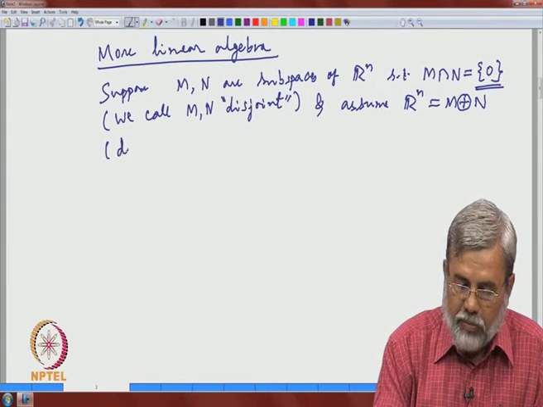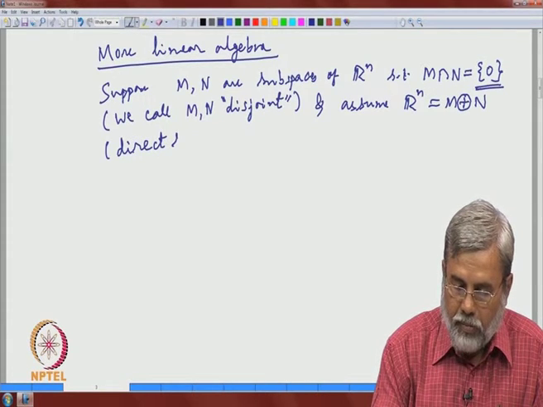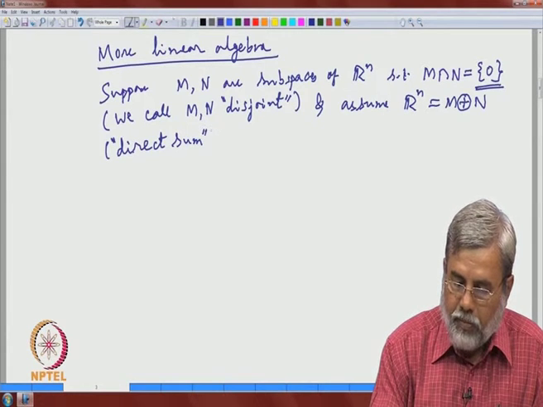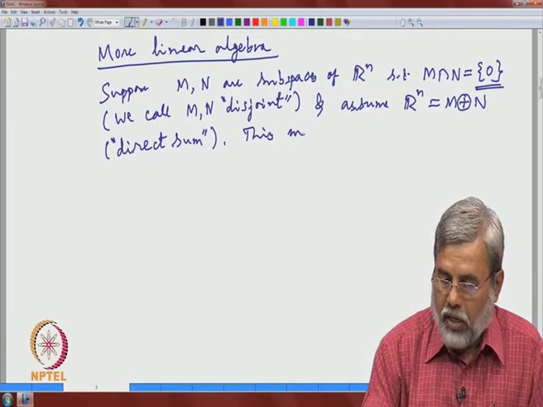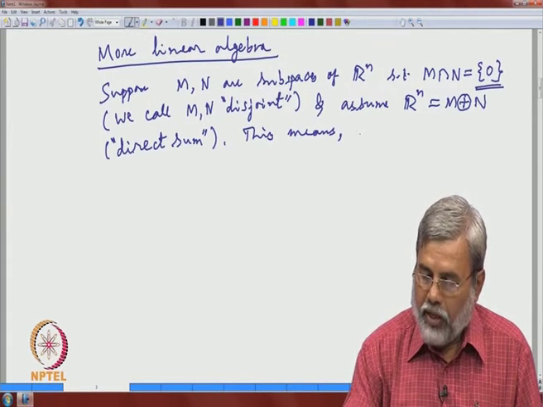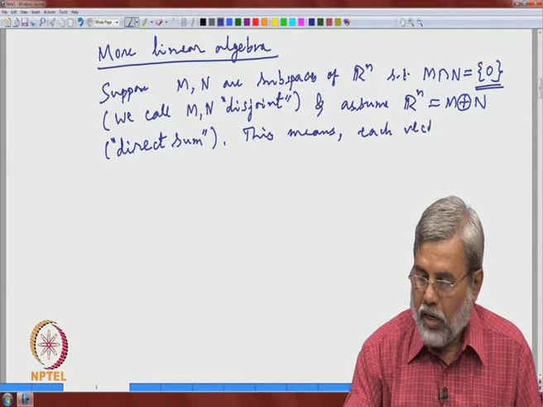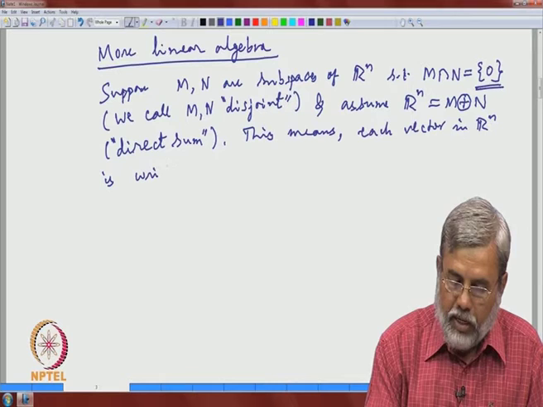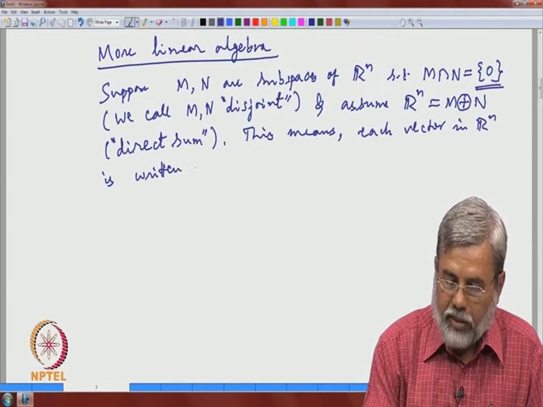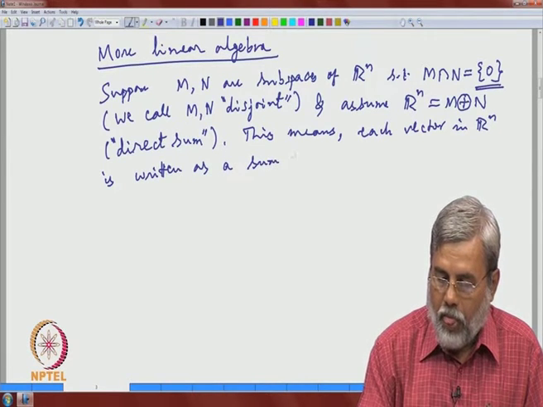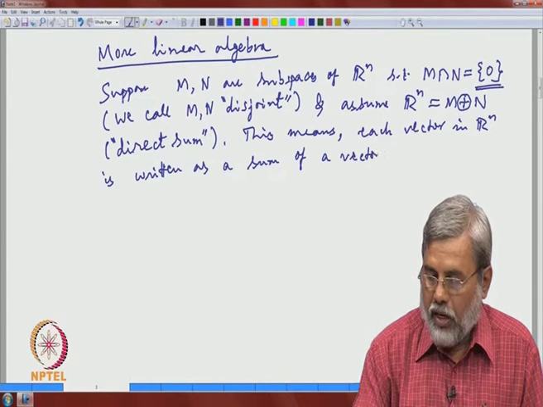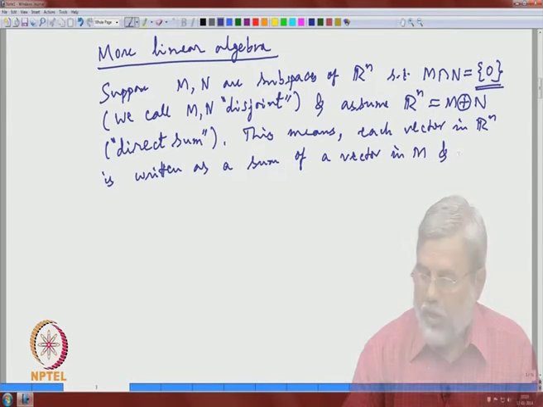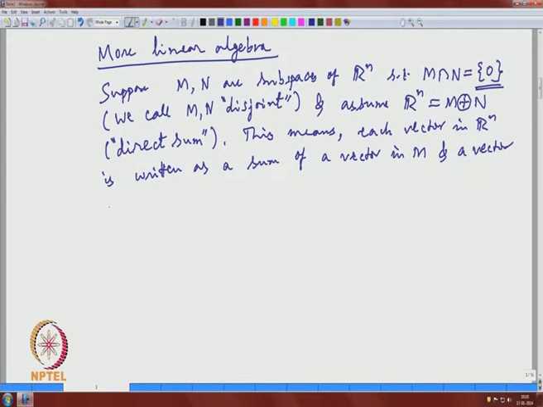This is called the direct sum of M and N. This means each vector in R^n is written as a sum of a vector in M and a vector in N, and this condition that M and N are disjoint.